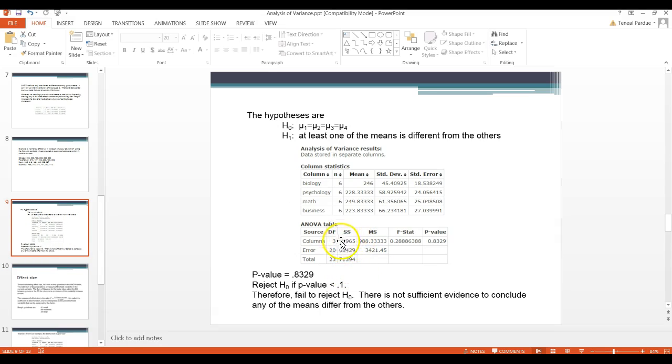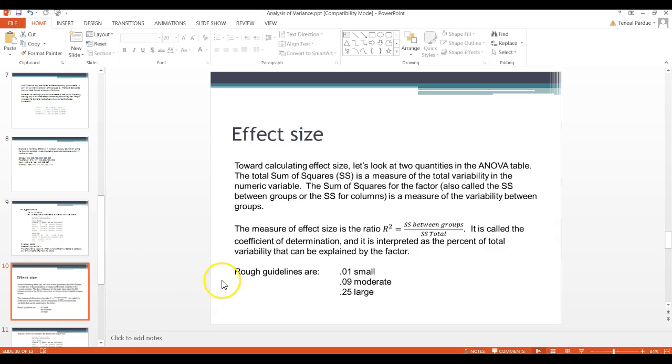So this is the amount of variability between the groups divided by the total variability. So how much of the total variability can be explained by the factor. And so we just take the sum of squares between groups, divide it by the sum of squares total. When we do that, the rough guidelines are small is 0.01, moderate is 0.09, and large is 0.25.